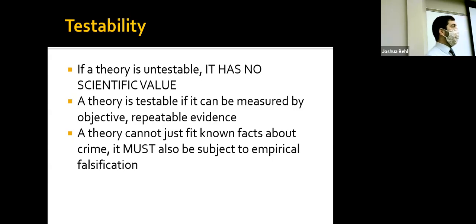This is incredibly important because you hear theories all the time that are completely untestable. And not only is there no empirical support for them, which we'll talk about on the next slide, but you can't even attempt to test the theory. This is one of the big issues that a lot of people have with any sort of religion. Prove God.